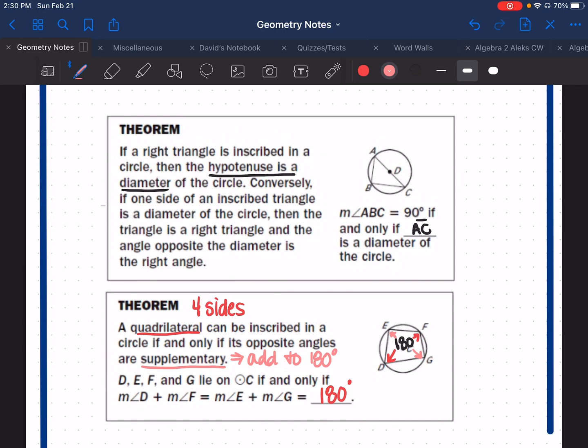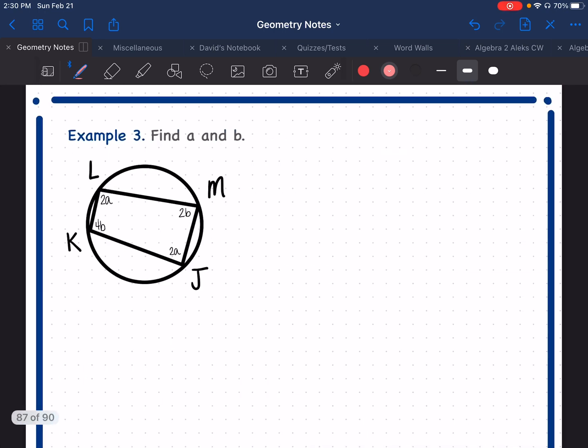All right, let's take a look at our last and final example. I want you to find A and B. So if you look at our circle, we have our quadrilateral inside our circle, and our theorem says that opposite angles have to add up to 180 degrees. So this one plus this one have to equal 180.